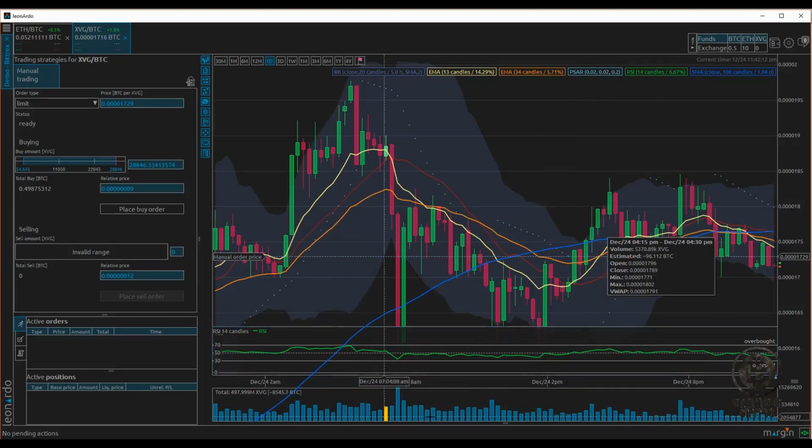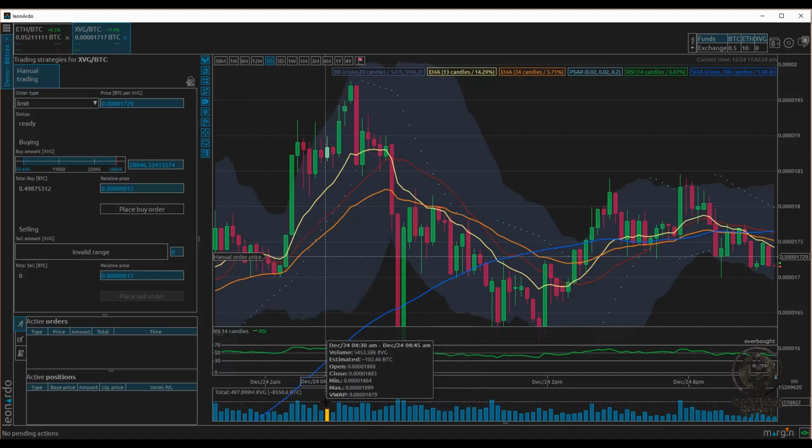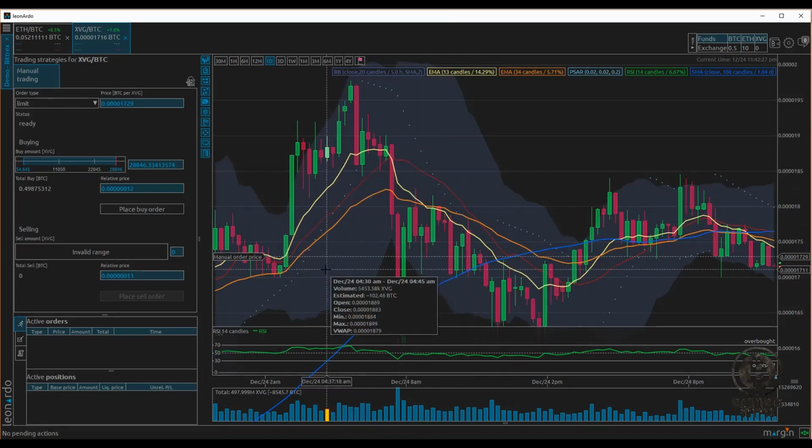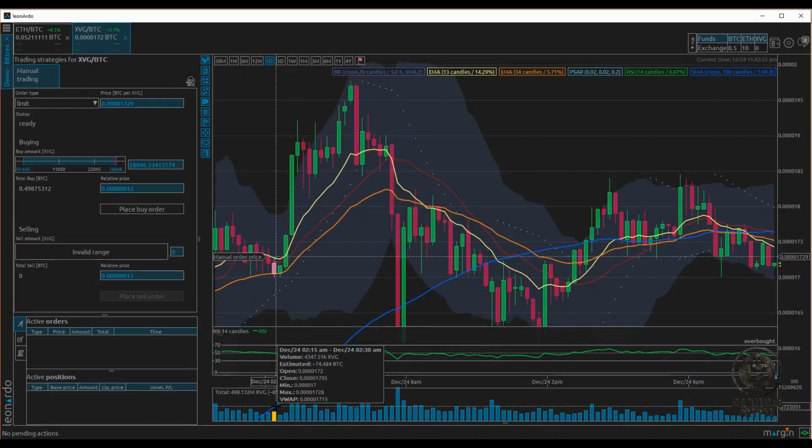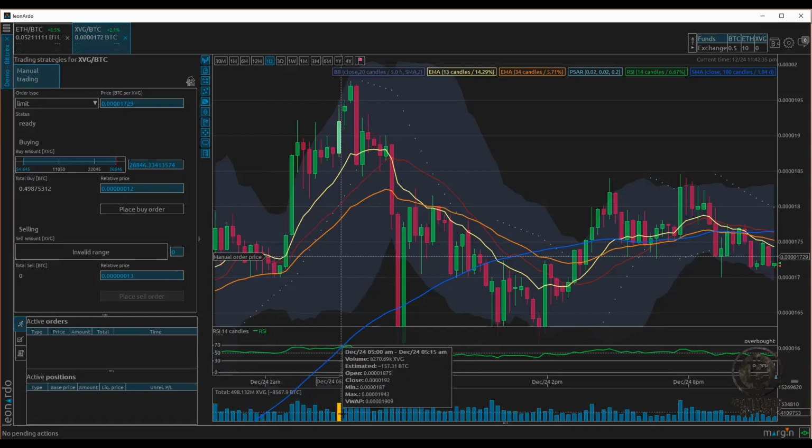You also have here the volume, so you can see how much volume there is. Volume is important because it tells you if a coin is being traded or not. If it has low volume and you decide to make a trade in it, you're probably going to be waiting a long time for something to happen with the coin, because there are few people buying and selling it.